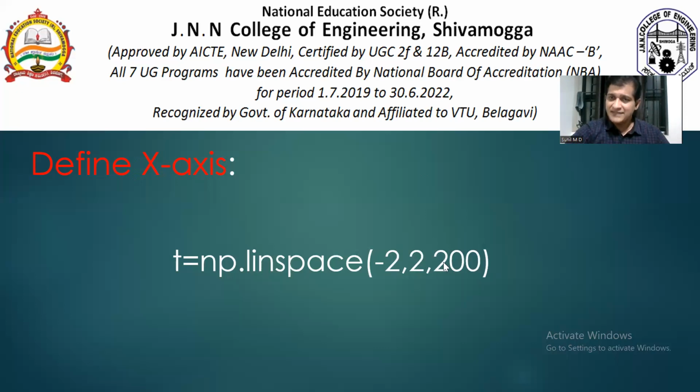If you don't give this third argument, and just give -2 comma 2, it means the starting point is -2, the ending point is 2, and by default Python takes 50 points. Fifty points is sometimes not sufficient to have a smooth plot.